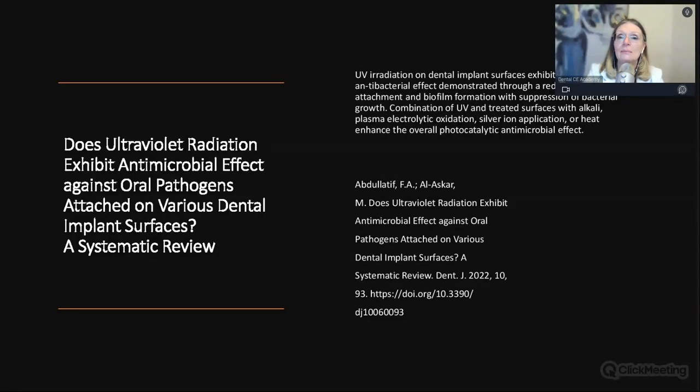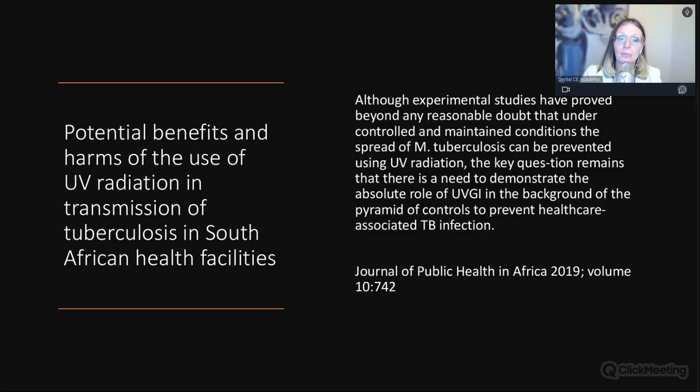And again, this is not the tell-all of studies. There are other studies out there, but it does demonstrate, and this was from 2022, so very recently, that UV radiation is effective and maybe it should be considered in our implant practices.